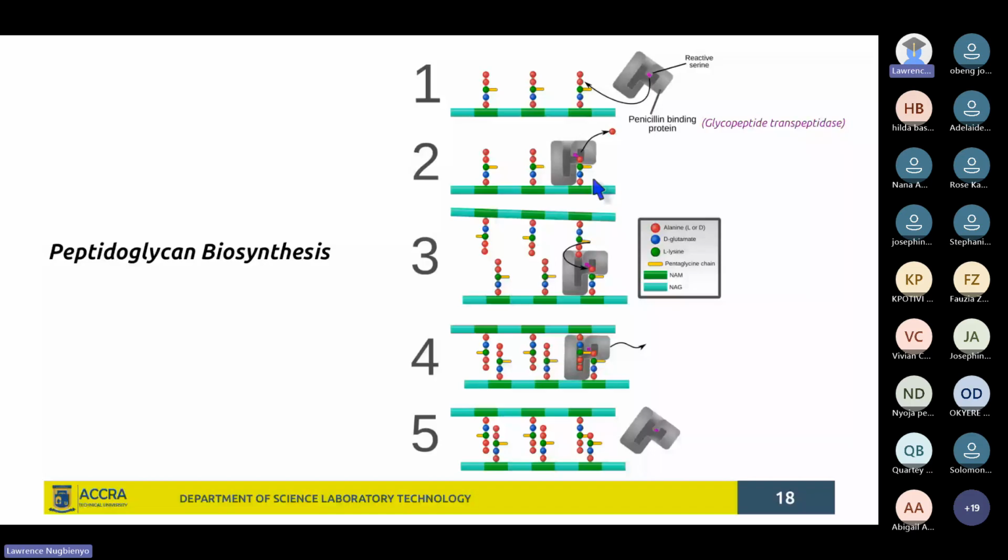Now, look at this. You have this protein, which is being referred to as the penicillin binding protein. The penicillin binding protein, because that is the protein, or say the enzyme, that penicillin targets. If you are referring to it as the particular enzyme that penicillin targets, then you call it that name.